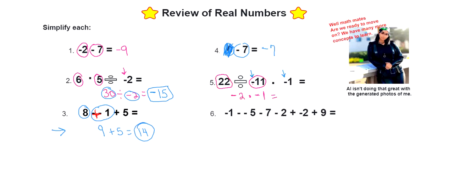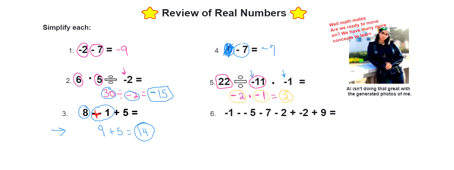I got a -2 times a -1. The signs are the same, so it's positive. A negative times a negative is a positive. I'm done with the signs, then just multiply the numbers. 2 times 1, 2. And that's what we said. There were 2 negatives. 2 is even, so your answer is positive.